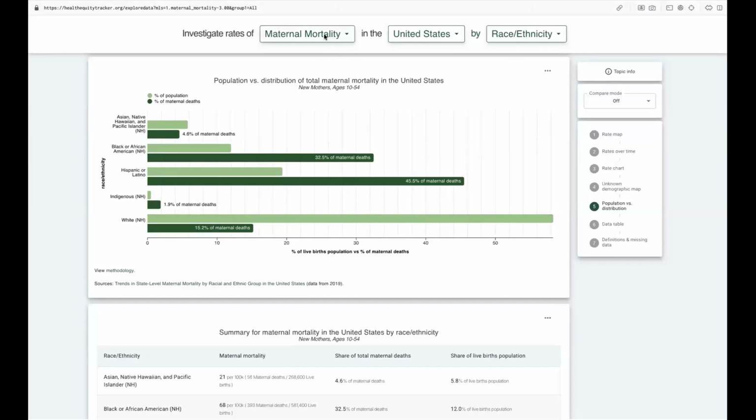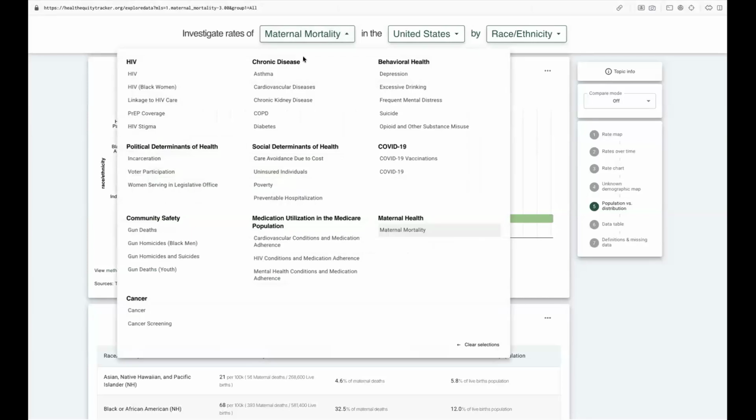In this case, I did want to touch on some of the other topics that really emphasize missing data. This is kind of a unique topic that we show that's more structural in nature. This is women serving in legislative office.